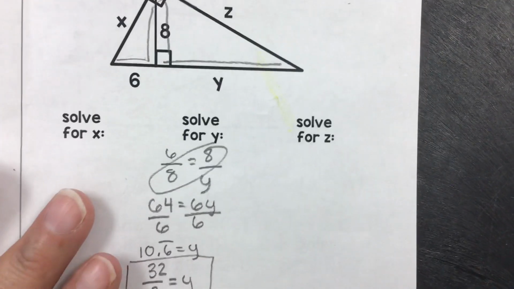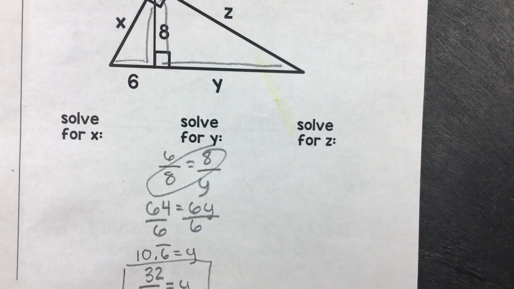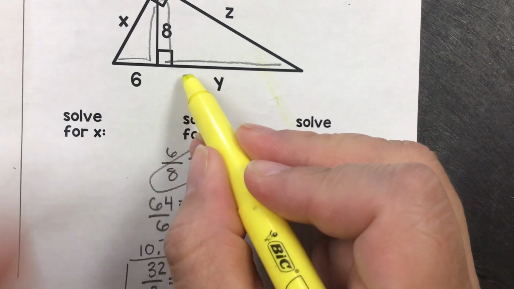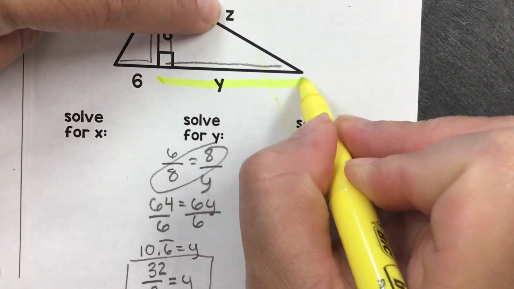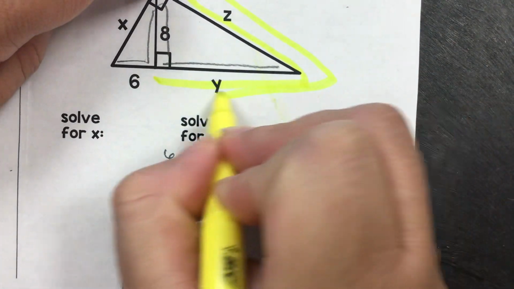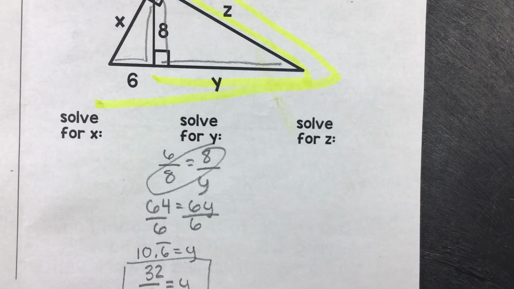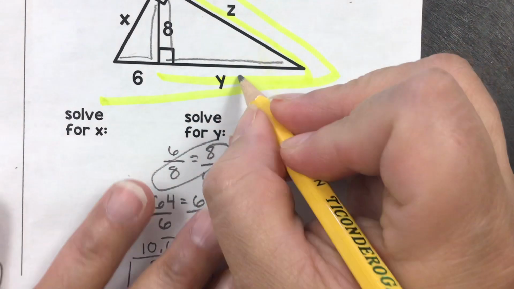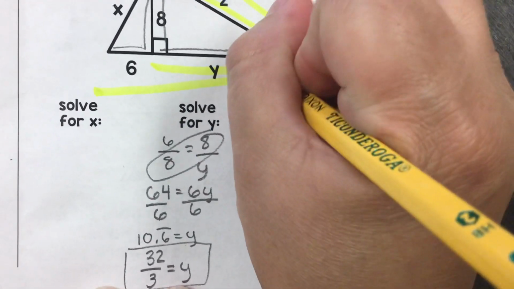Okay. So now I'm going to solve for z. Remember, you start with the side that is next to the variable you're looking for. So y divided by z is equal to z divided by y plus z. So we figured out that the y value was 32 over 3.